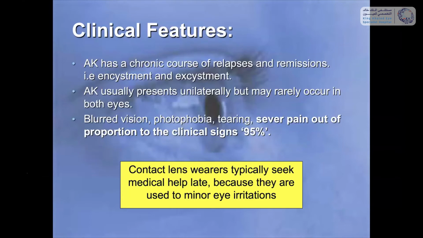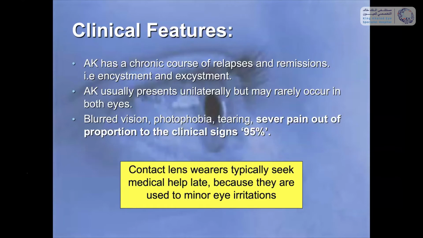What are the clinical features of Acanthamoeba keratitis? As you know, the infection has a chronic course of relapses and remissions, and this is due to the encystment and excystment of the cyst and the trophozoite. Usually it presents unilaterally, but it was reported rarely bilaterally.